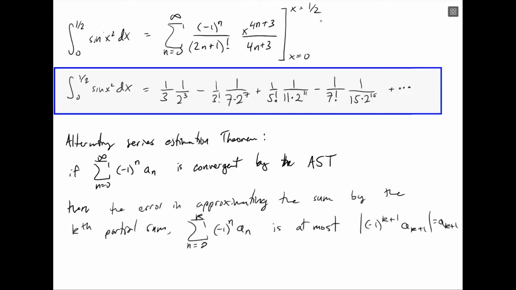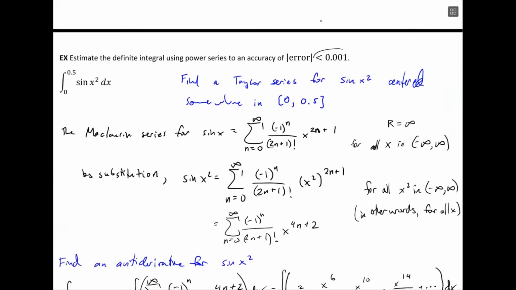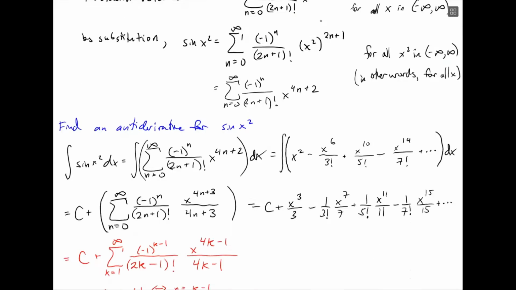So if we can find when this first hits the required bound of being less than 0.001, then we will have it guaranteed.